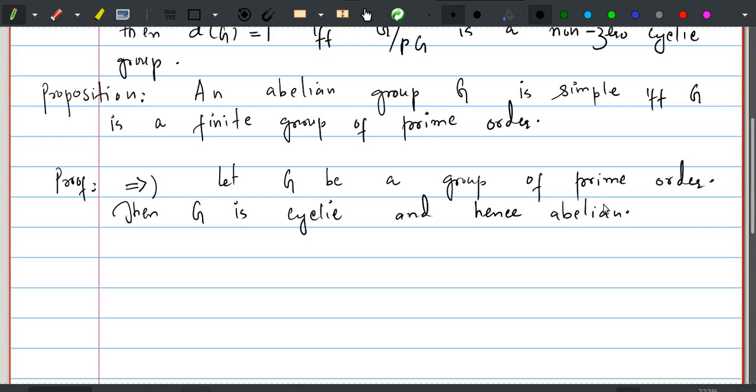Now the order of G being prime implies that G is simple.